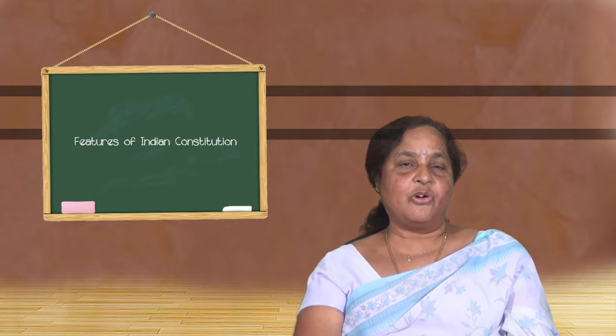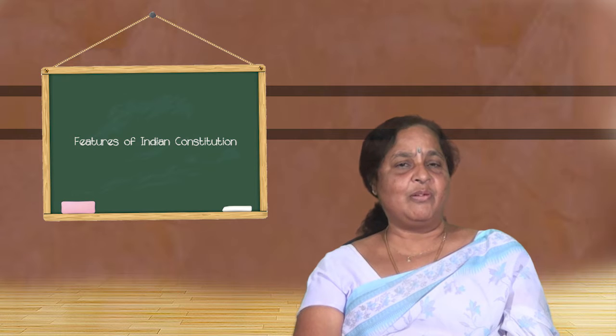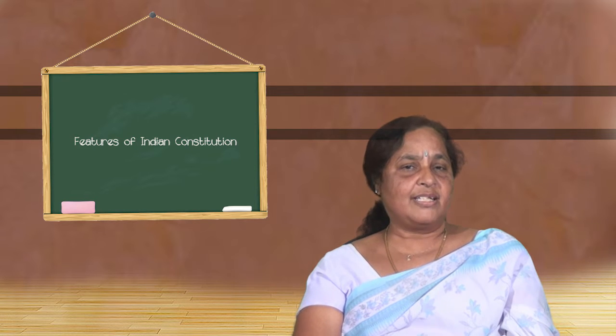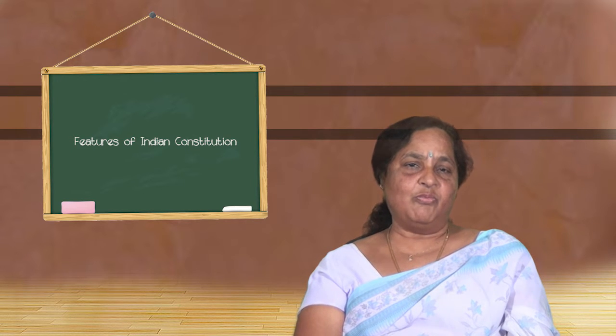So our amendment procedure is partly rigid and partly flexible. Some bills can be easily passed, but some bills are not easily passed by Parliament or by both the houses.